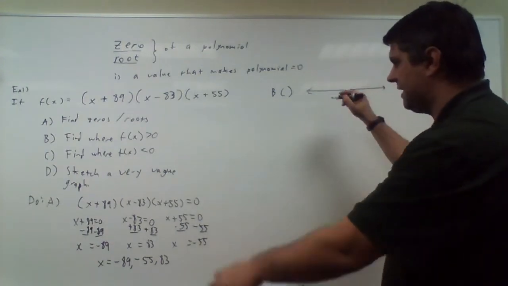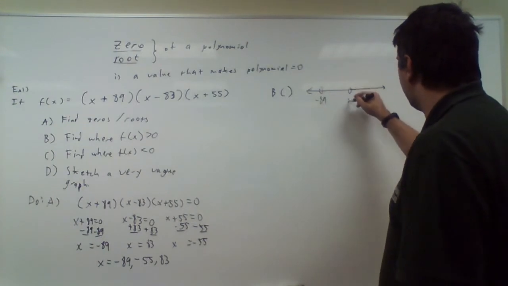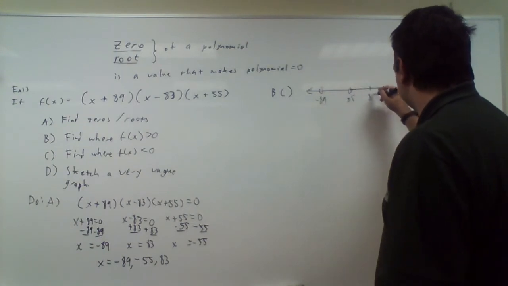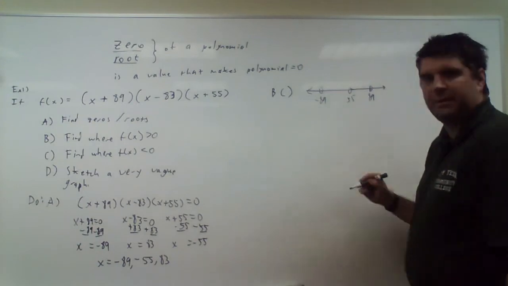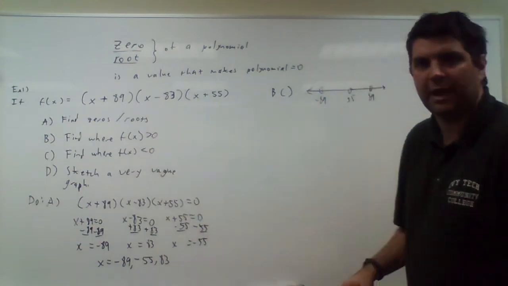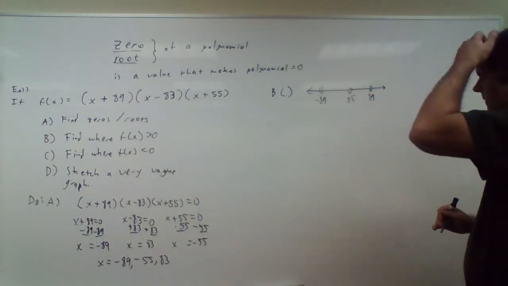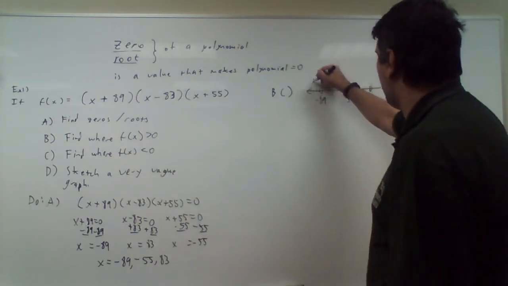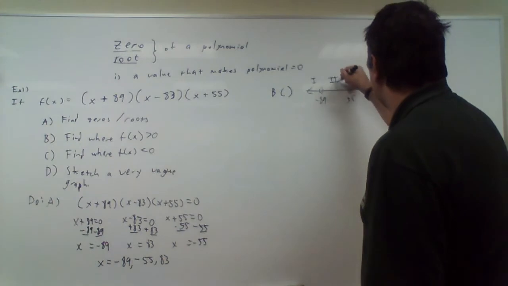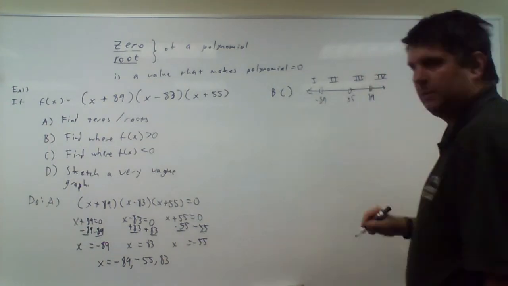So it doesn't need to be to scale, but I got negative 89, negative 55, and 83. Open dots, because these are strict inequality signs. Okay, open dots, hollow circles. Okay, I will label them with region 1, region 2, region 3, and region 4.